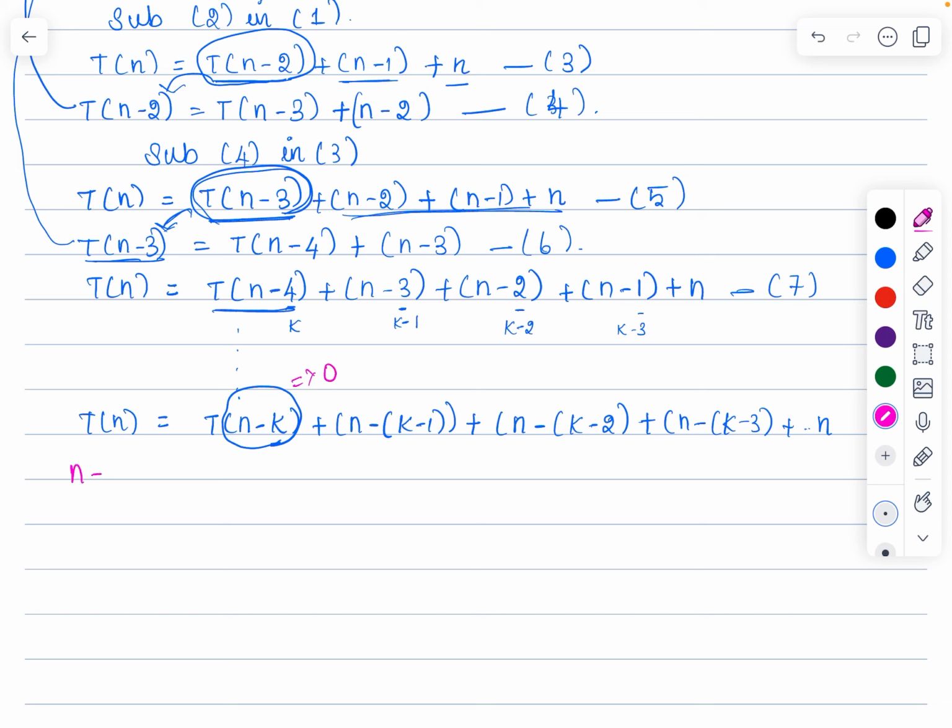It can be written like this: n minus k equals to 0, which means n equals to k. In the place of k, if you substitute n, this would become 0, right?